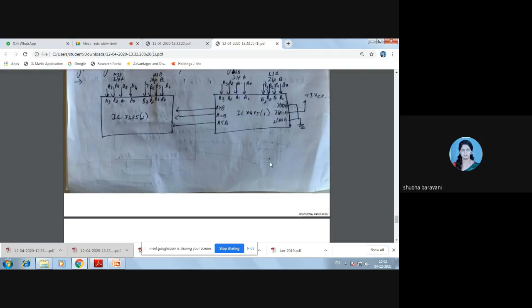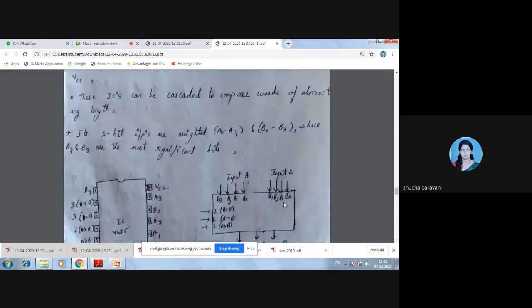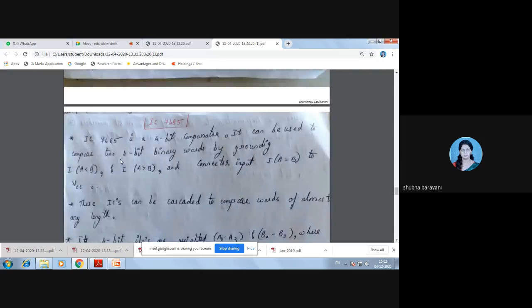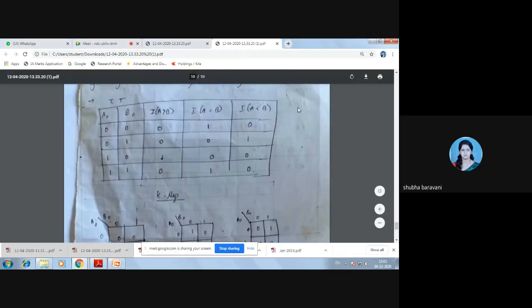Similarly, you are asked to design a 5-bit comparator using 7485. Now see, the 7485 IC is a 4-bit IC, but here you are asked to design a 5-bit comparator.